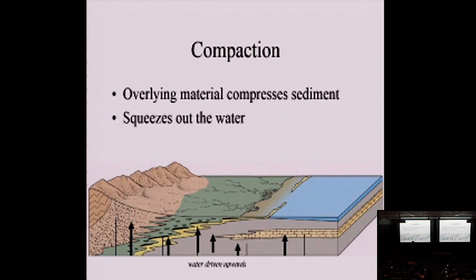And the way that compaction occurs, you again have an intuitive feel for compaction, right? You squish it down. The center of Earth's gravity is down at the center of Earth, and you have pulling towards the center of Earth by gravity. And so you're compacting those rocks, and the notable thing here is that water is driven upwards.